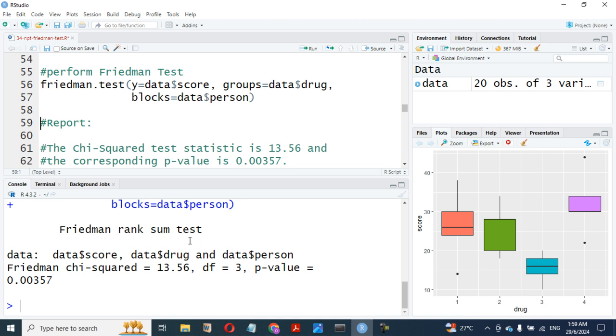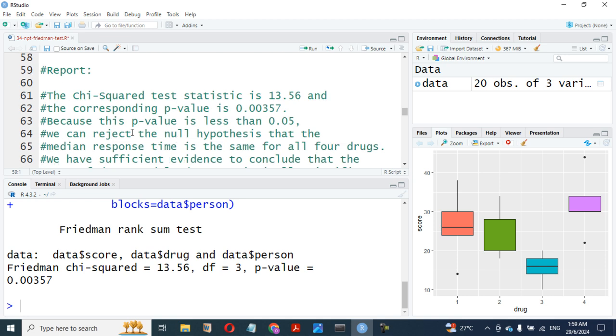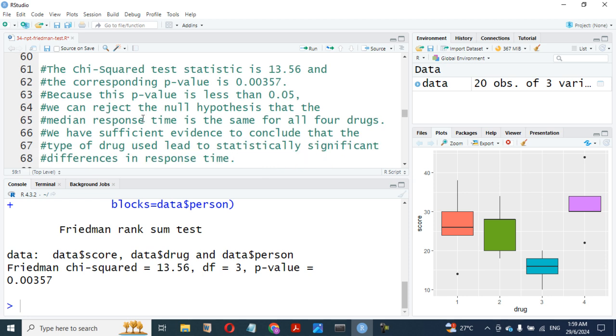So we can say that the chi-square test statistic is 3.56, and the corresponding p-value is 0.036, because this p-value is less than 0.05, which is our threshold. We can reject the null hypothesis that the median response time is the same for all 4 groups, all 4 drugs, which is our group variable. So we can reject the null hypothesis, which means they are not the same.